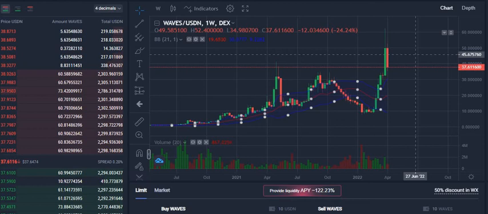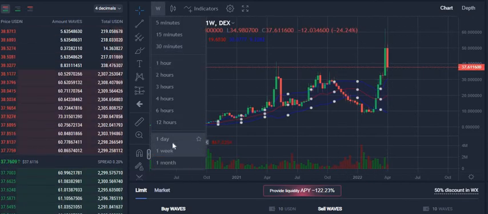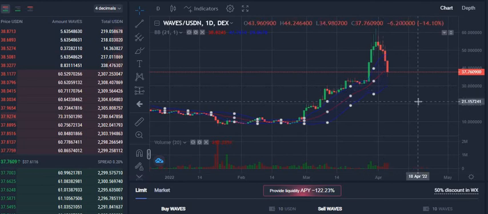It's quite a dramatic correction, which is quite serious and involved in the normal logic of this jump which we had in the WAVES token during the last little bit more than 1 month.